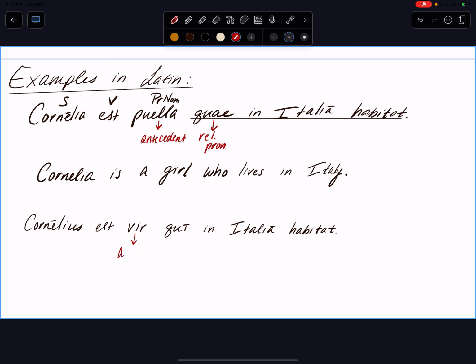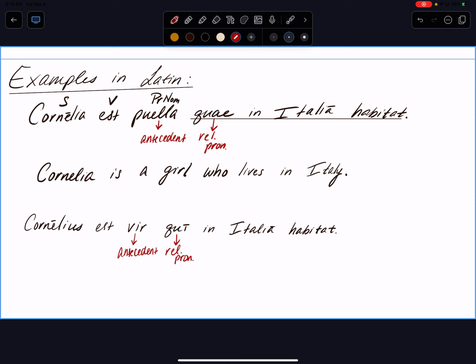Okay, and the word that's my relative pronoun? Qui. Now, how is it possible that qui and quae both mean who, though? Different gender. Mm-hmm. Qui, quae, quod.